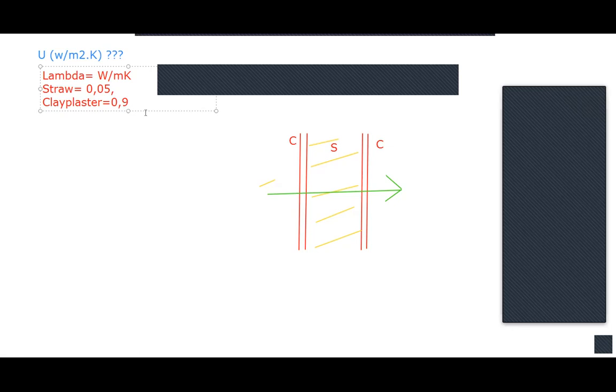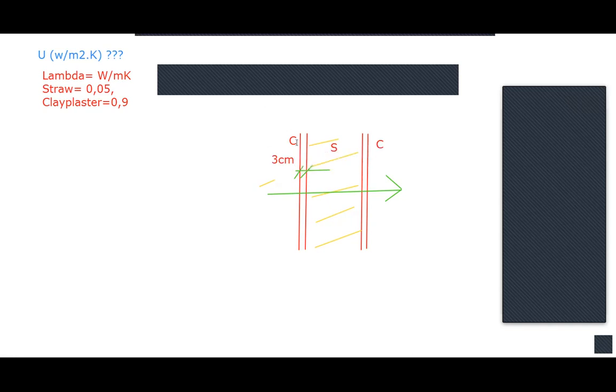What else do we need? We need the thickness, or distance, of our individual layers. So the thickness of our clay plaster layer is usually how much? Let's say 3 centimeters.